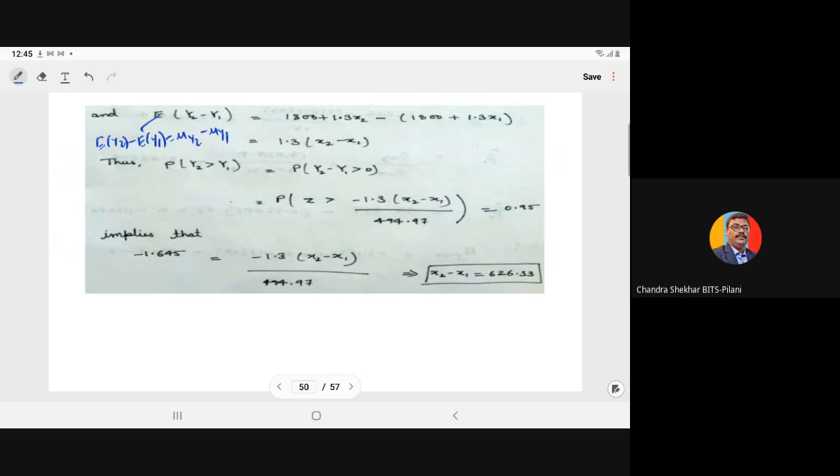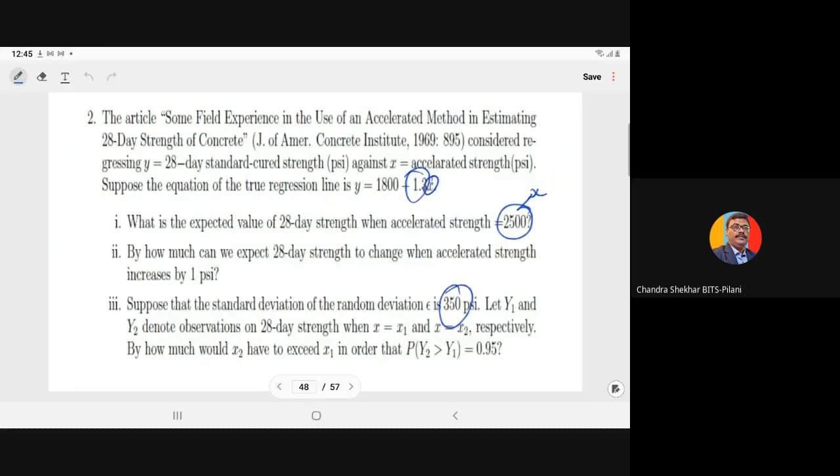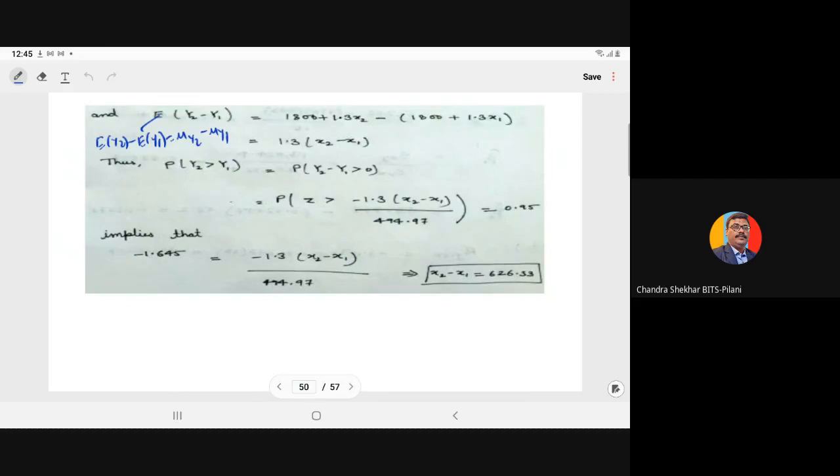This will give you x2 minus x1 equal to 626.33. They have asked how much x2 should exceed x1 so that the probability of y2 greater than y1 is equal to 0.95, so here we have the required result.